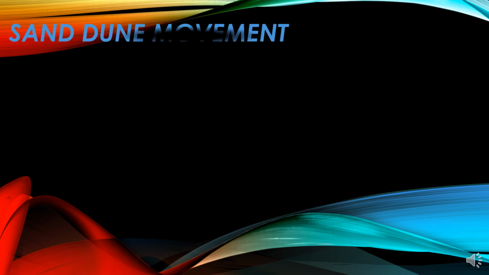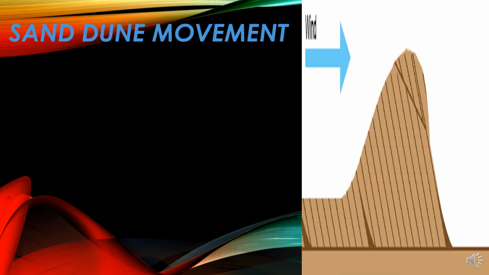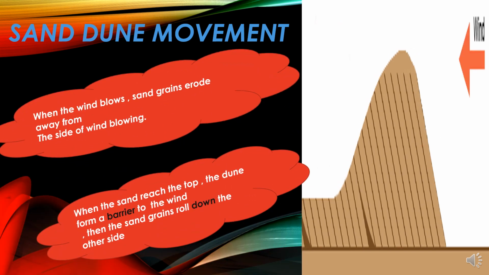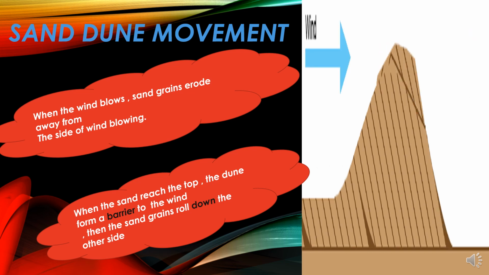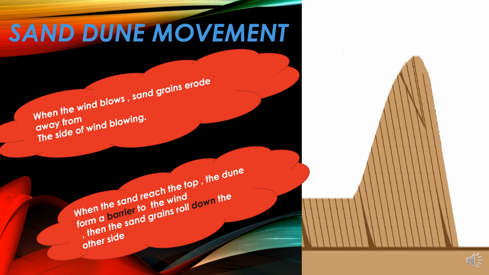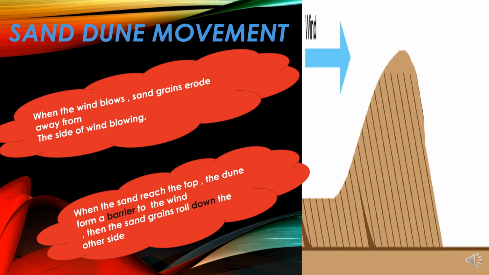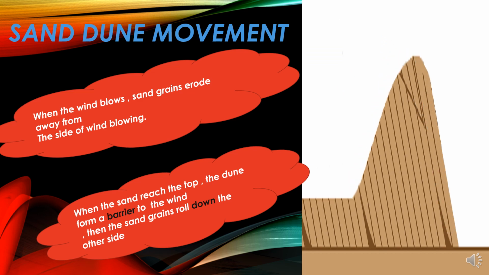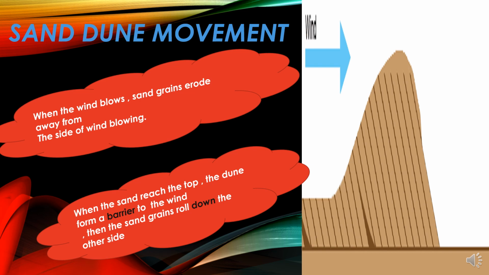Sand dunes are also related to the direction of the wind, grade 4, as when the wind blows and hits a mountain, for example, the movement of the sediments will happen in the same direction as the wind, not from the opposite direction. Okay, grade 4? As when the sand reaches the top, the dune acts as a barrier to the wind, so no more weathering and erosion is going to happen.